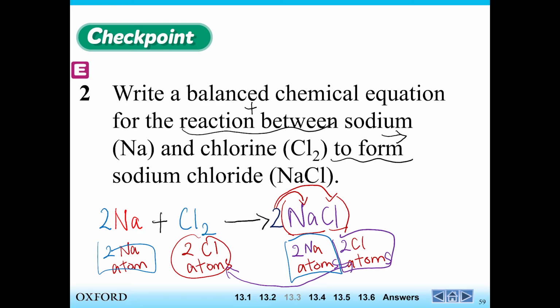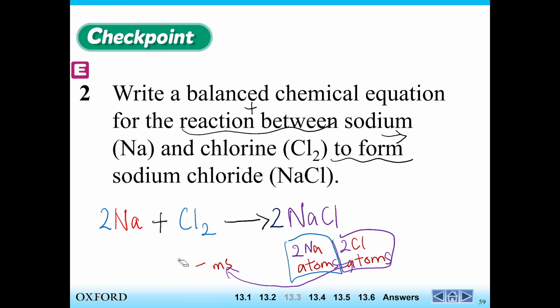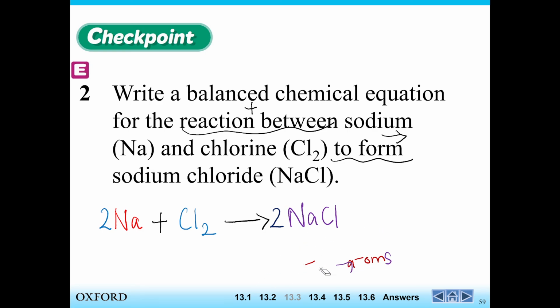But remember, in the exam, please don't write these arrows randomly on the top and the imaginary bracket. As I said, these are imaginary. It's just to help you. So at the end, I should just see a very clear chemical equation like this: 2Na plus Cl2 to form 2NaCl.